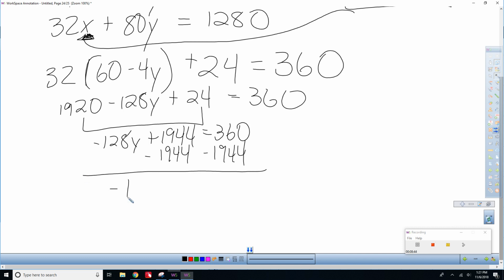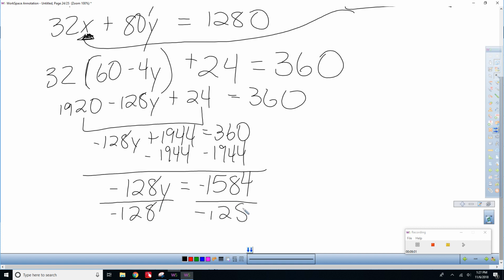You get negative 128y equals. Okay, next step. And you get y equals positive 12.